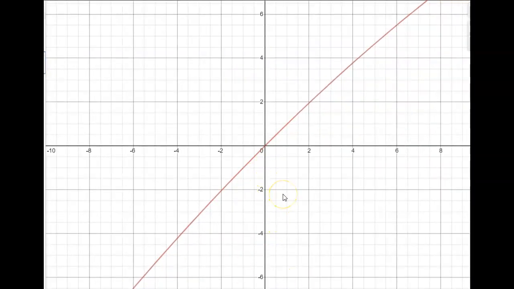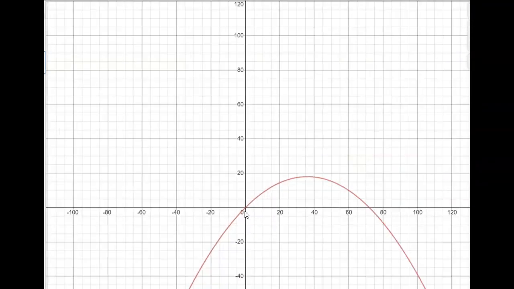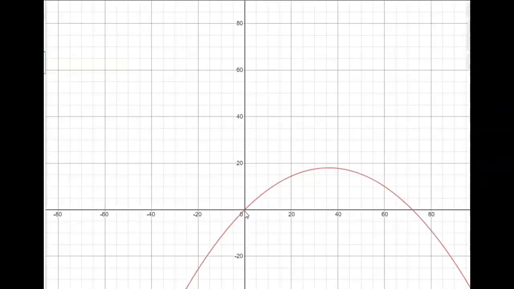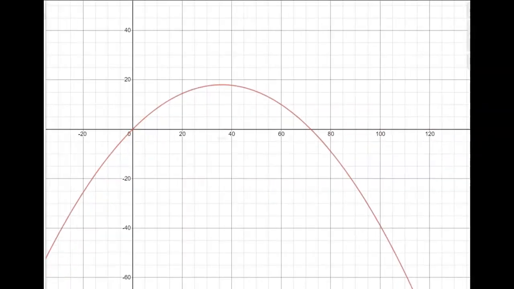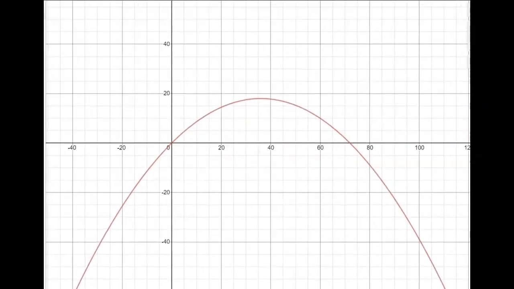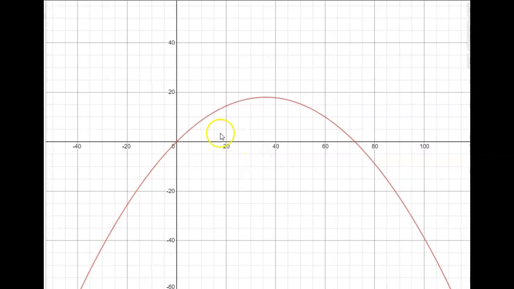And I'm actually going to zoom to change the graph a little bit so you could see it better there. And so considering that the object was thrown at a 45-degree angle, here will be the path of the object.